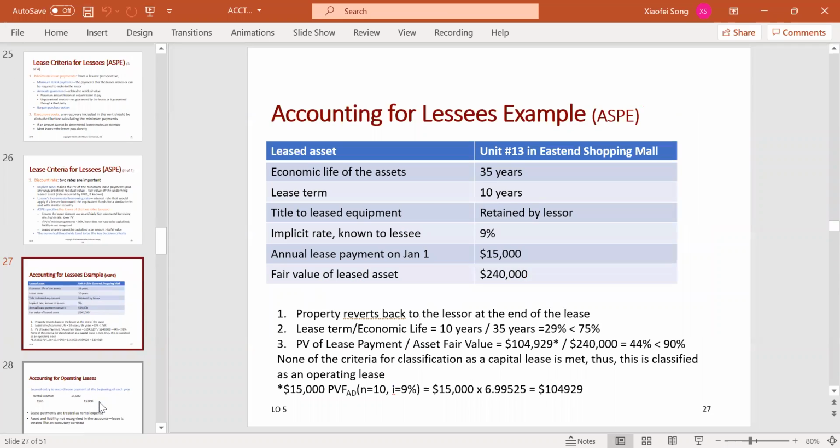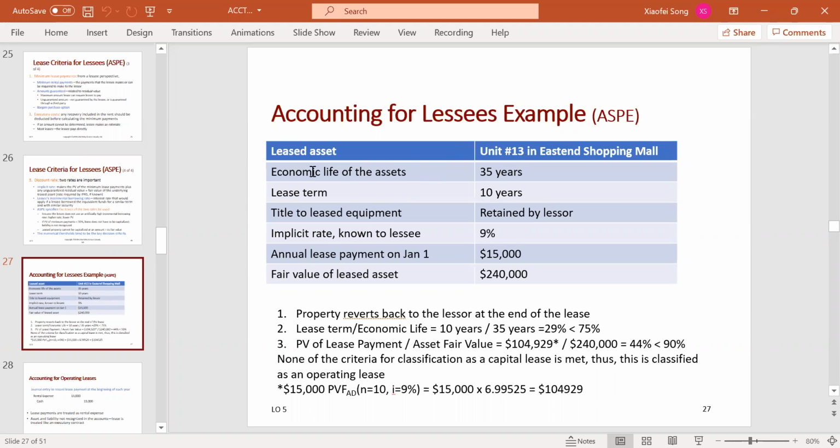Okay, so let's look at this example. Let's assume, and this lease is very similar to most retailers' leases with their landlords. Lots of retailers rent their store space and the lease is fairly long, but not long enough to be considered a capital lease under ASPE. So let's say a lessee rented unit number 13 in East End Shopping Mall, right?